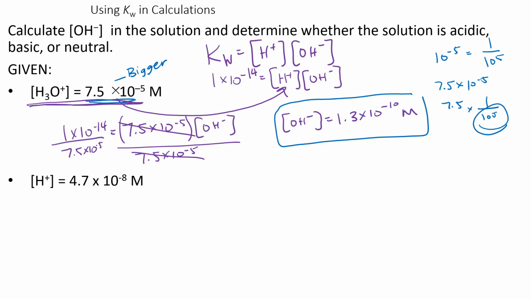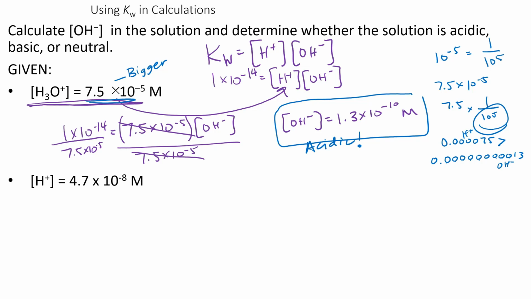So 7.5 times 10 to the negative 5th is 0.000075, which is going to be bigger than 0.00000000013. 1, 2, 3, 4, 5, 6, 7, 8, 9. Yeah. Since the H plus is greater than the OH minus, that means that this is acidic.